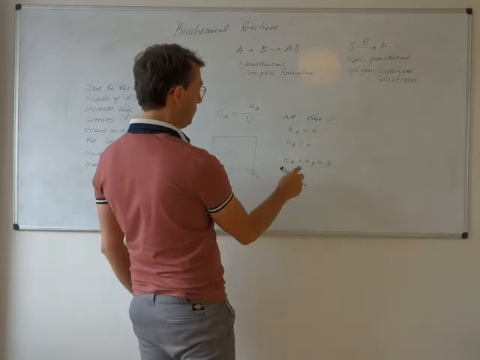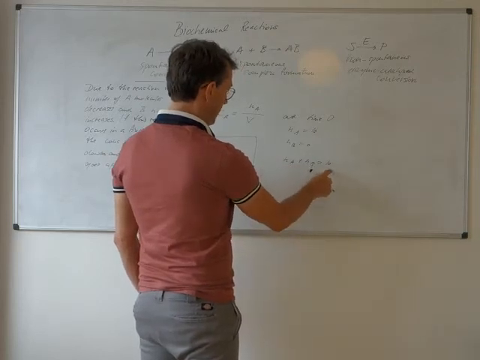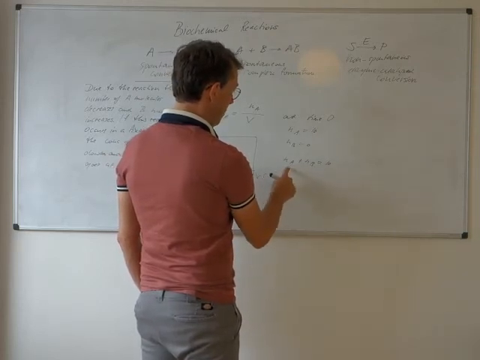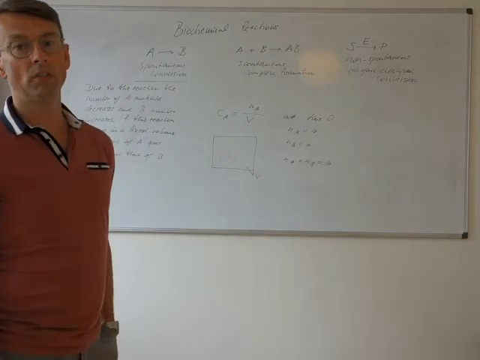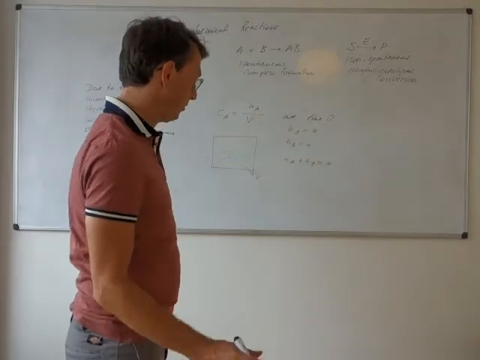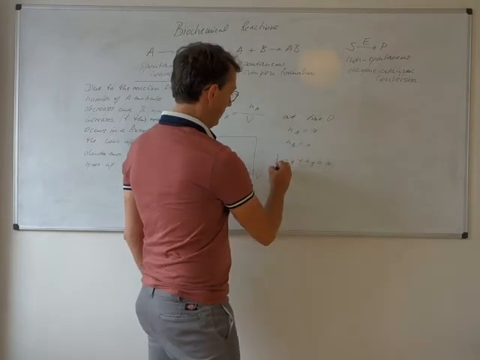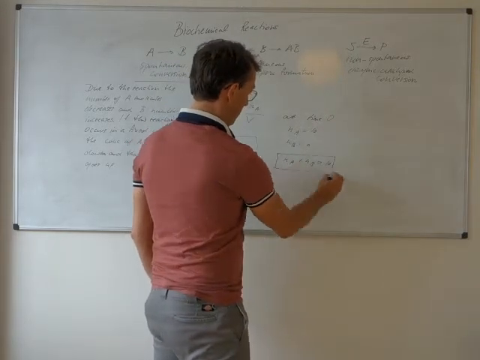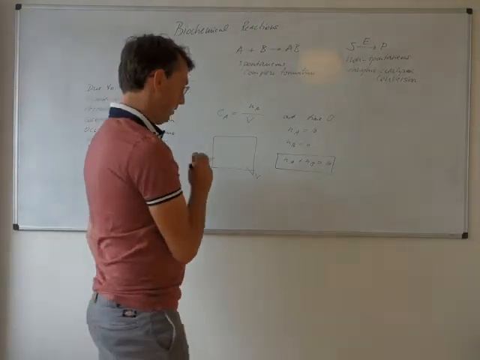I know that over time this number will always equal 10, because whenever I lose an A molecule I gain a B molecule, so I continuously keep the total number of molecules regardless of their identity equal to 10. Okay, so that's one thing we realize now. The total number of molecules equals the total number that you start with.